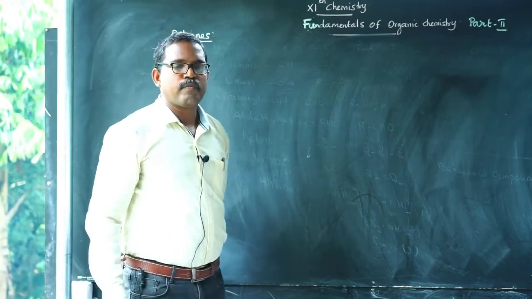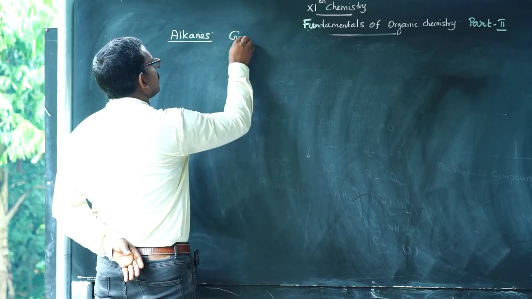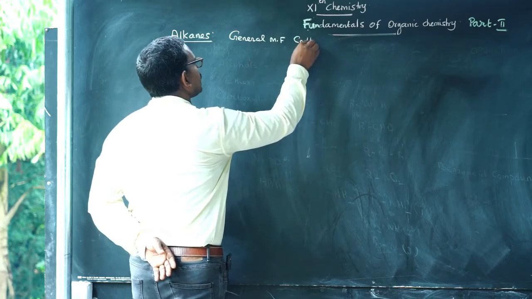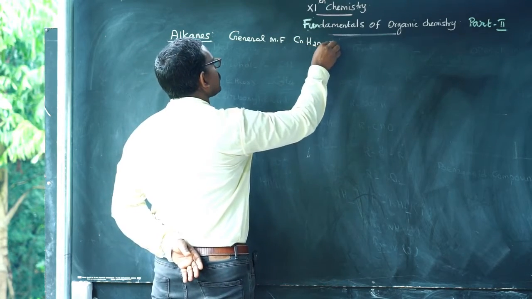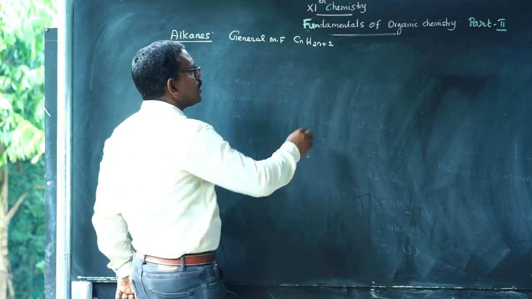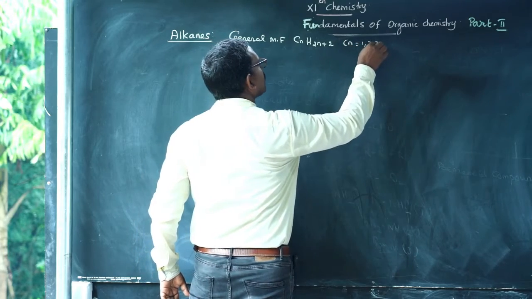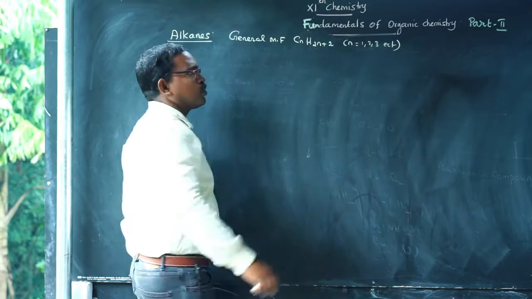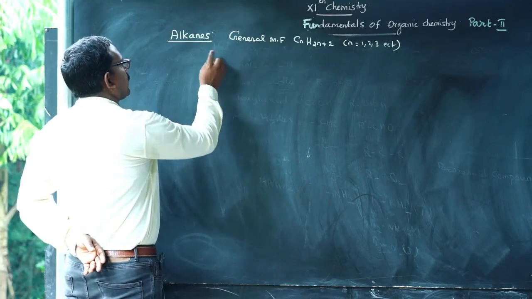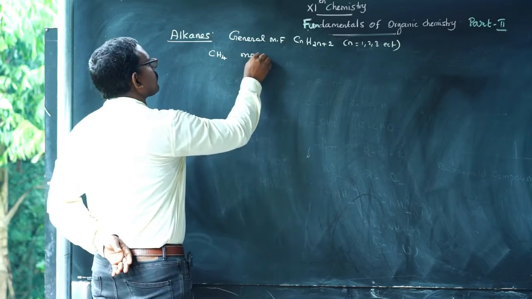The general molecular formula for alkanes is CnH2n+2, where n is equal to 1, 2, 3, etc. The first member is CH4, methane.